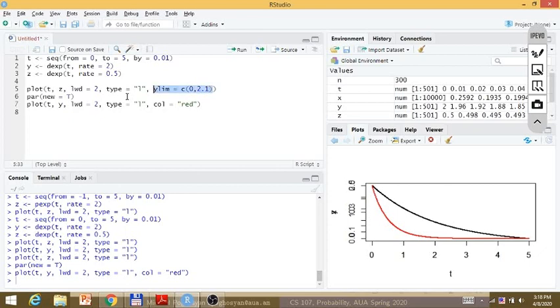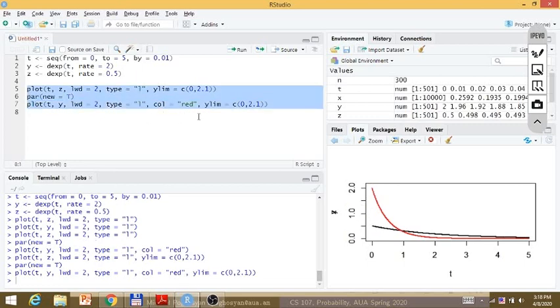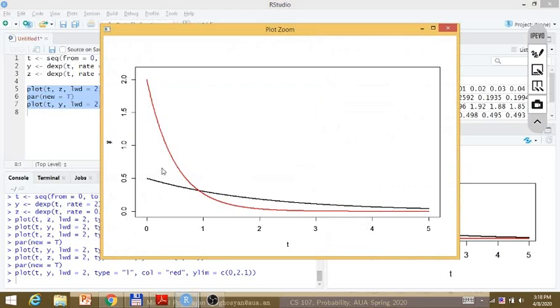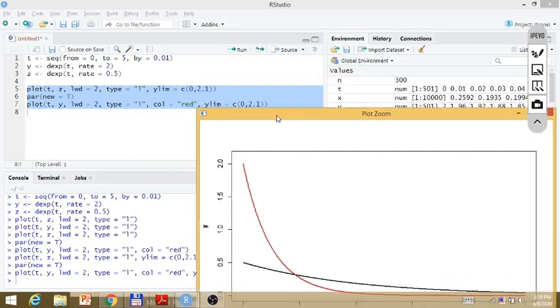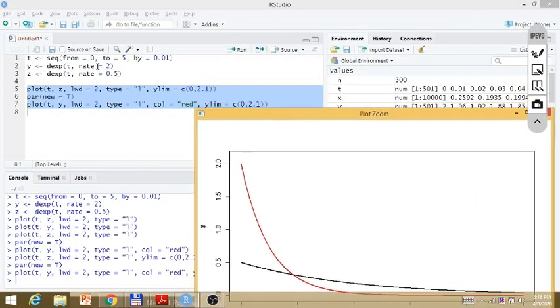So I'm choosing this, Control C, and adding it here, Control V. Yeah, and now I'm running both, Control Enter. Now I have the graph. Well, I have y and z here, but that's okay. Now the red one was for y. y is with rate 2.